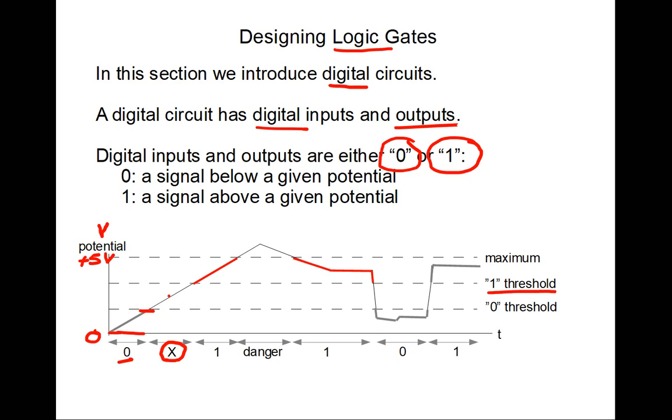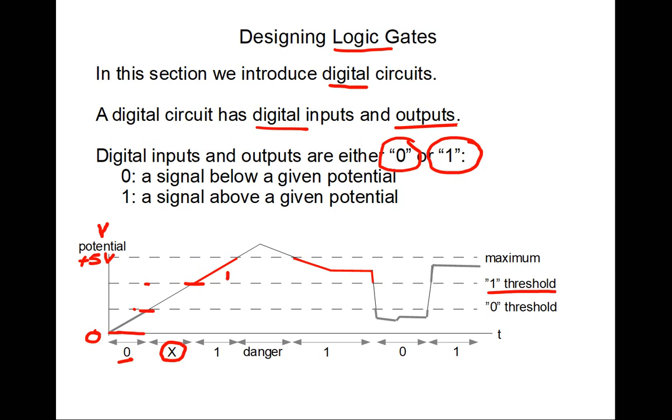During this undefined region, where the potential is between the 0 threshold and the 1 threshold, the operation of the logic gate is unknown, or undefined. Once we exceed the 1 threshold up here, which is typically, depending on the logic family, maybe something like 3 volts, the logic family interprets this as a 1.